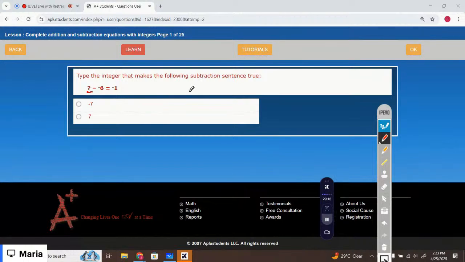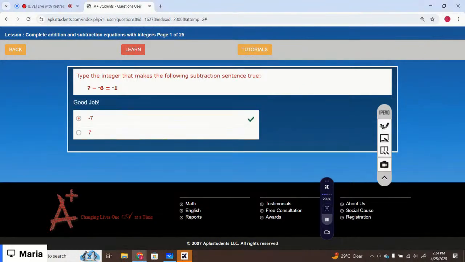Check them one by one. Start with the first one, -7 minus -6. Subtracting a negative integer is same as adding, and the greater number has a negative sign. You have to subtract. -1 equals -1. So both sides are exactly equal. That means option number 1 is the correct option. That is -7.